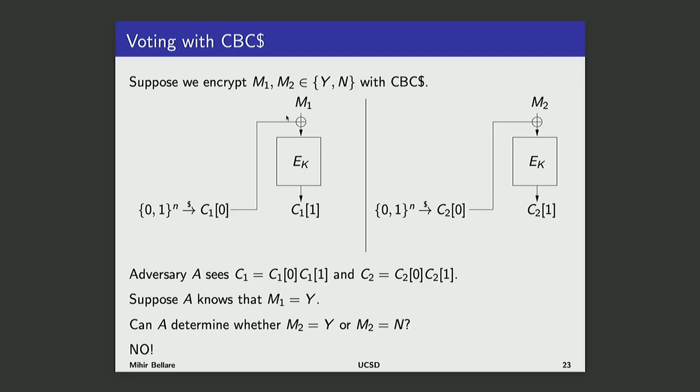So regardless of whether M1 equals M2, these are not going to be equal. It might think of something else. It might say, well, what if I only compare the second blocks or something like that? But that doesn't work either. So basically you play around with this and you start seeing that we really have done something. So this has circumvented whatever attacks we had.